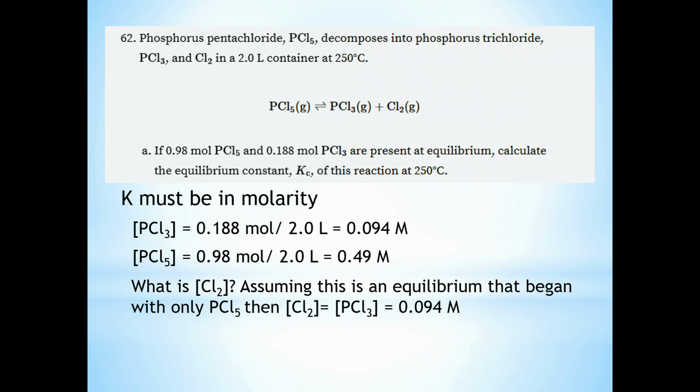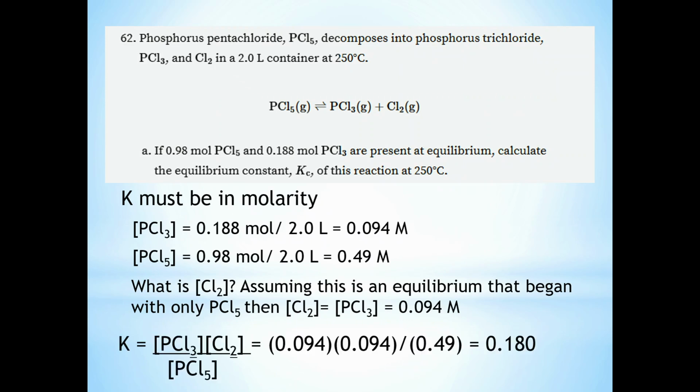And if that's the case, for every 1 PCl3 we made 1 Cl2, which means that the concentration of Cl2 would be the same as the concentration of PCl3, or 0.094. This is an assumption I have to make from the way the question is worded. This decomposes, so I'm making the assumption that I started with all reactants and no products.